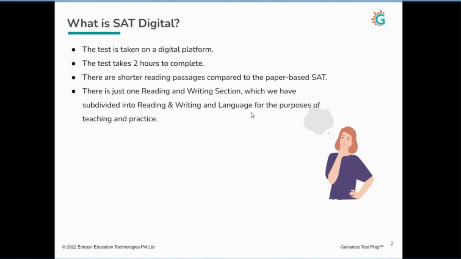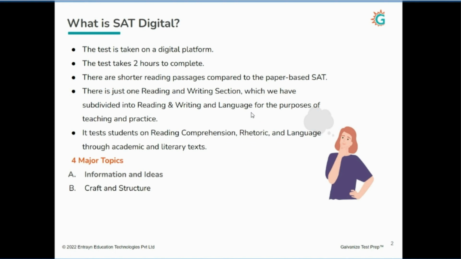Within the reading and writing section, there are four major topics. Those are information and ideas, craft and structure, expression of ideas, and standard English conventions. Standard English conventions, from the term itself, refers to rules or conventions that you follow.